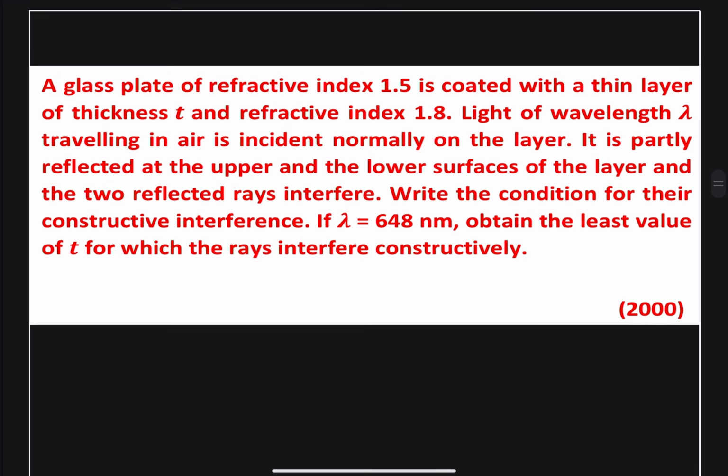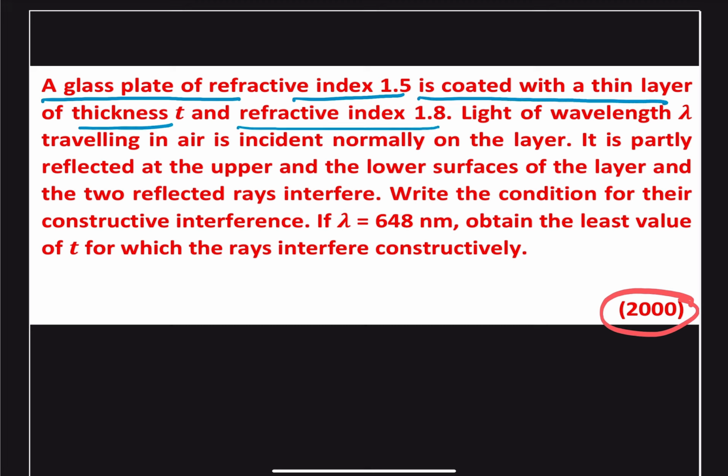Next question. It was also asked in the year 2000, and it states that a glass plate of refractive index 1.5 is coated with a thin layer of thickness T and refractive index 1.8. Light of wavelength lambda traveling in air is incident normally on the layer.